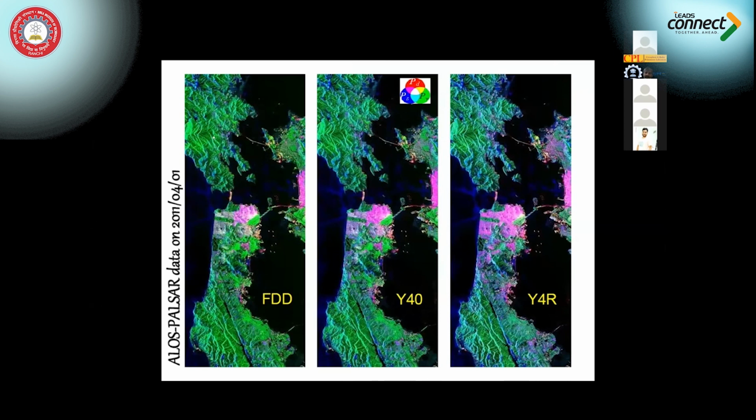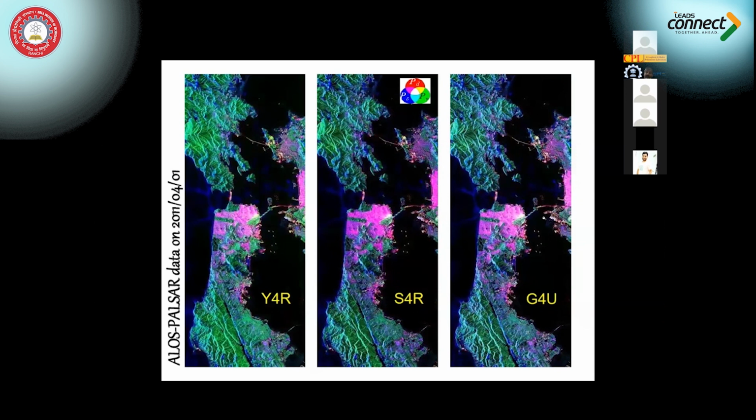Here you can see the San Francisco area, hilly terrain with vegetation. Here is the city, and this area, the green, looks like vegetation, but it is almost 40 degrees oriented from the line of sight. So it is producing significant depolarization, which is reduced by applying the extension from three to four components, then the four-component decomposition with rotation about the line of sight.